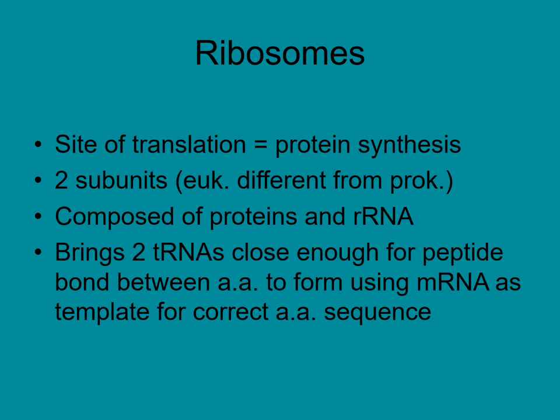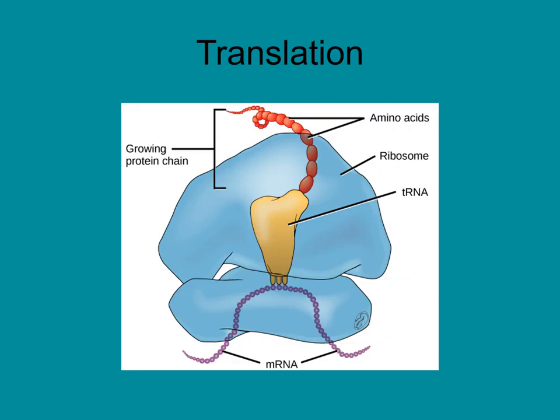How do you know what order to put the amino acids in? That's the information that you just put on the ribosome, on the messenger RNA. So this ultimately is what you're going to do. This blue is the ribosome. You have two subunits, a small one and a large one. They're usually separated unless they are making a protein.